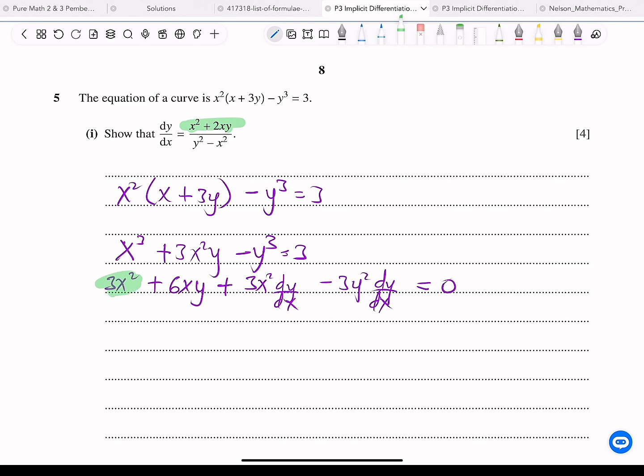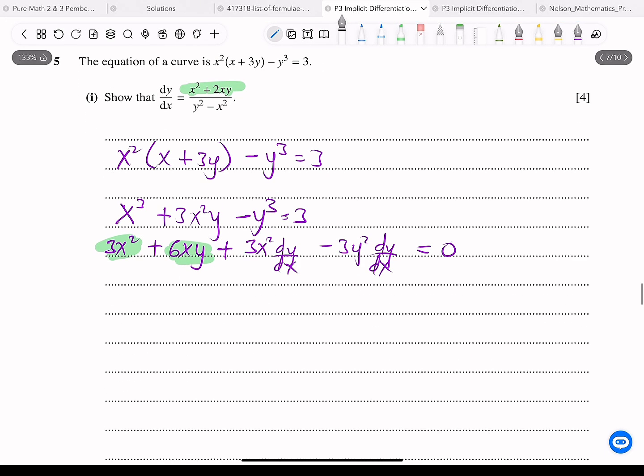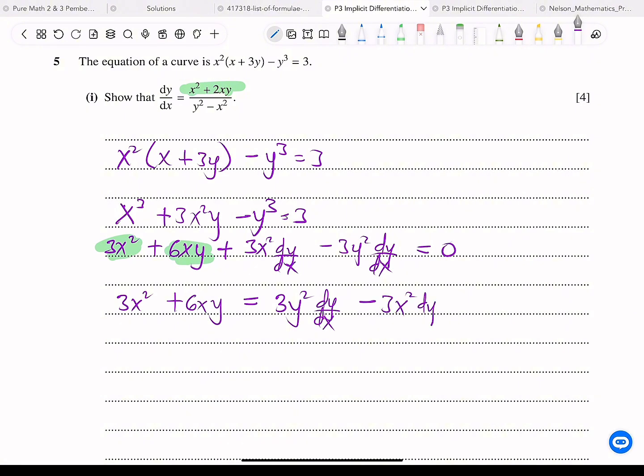That means that the dy/dx must go to the other side. So I have my 3x squared plus 6xy equal to 3y squared dy/dx minus 3x squared dy/dx.